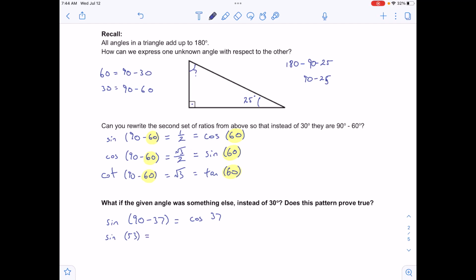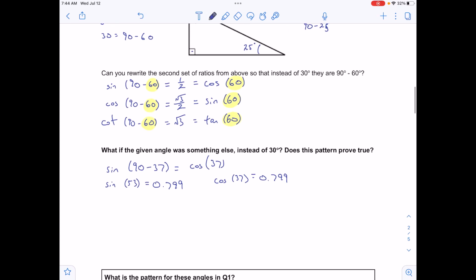And I'm going to make sure I'm on degree mode here. Sine of 53 is 0.799-ish. Cosine of 37. Let's try that. Cosine of 37 is the same, 0.799. Interesting, interesting.